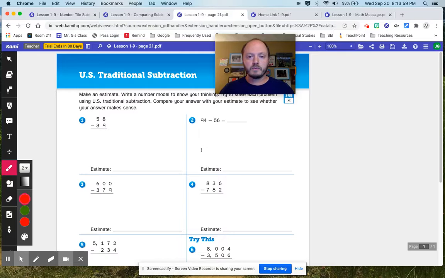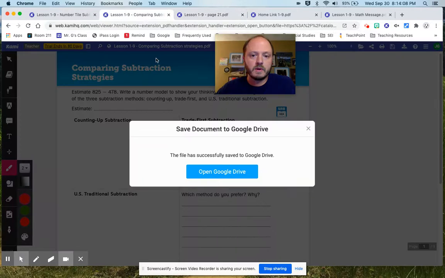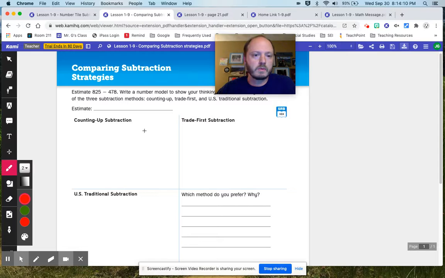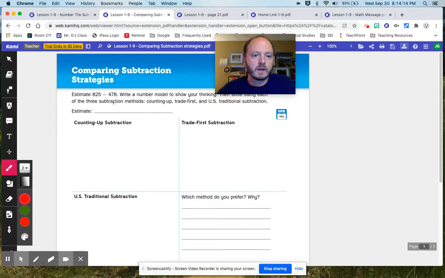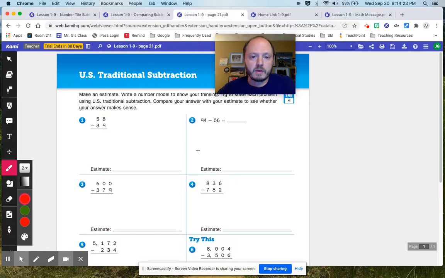And if you have time, we can then, when we meet together, have discussions about this page 22 in our journal, and it has to do with using those 3 different strategies and choosing which method we prefer. And back here on this page, I'd like you to use traditional, but you may also use trade first.